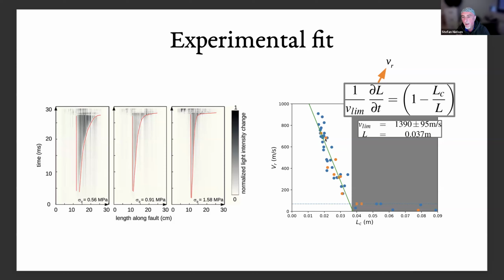The orange dots are measured lengths of the initial unstable asperity, or critical length, and the blue dots are inferred using the same normal stress dependence as the orange dots. But they all seem to align pretty well along a linear trend, which, if you find the best fit, gives a limiting velocity of around 1400 meters per second, which is what we expect in the plastic material that we use.